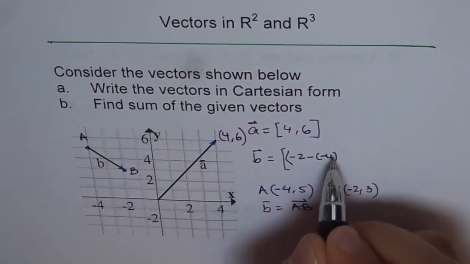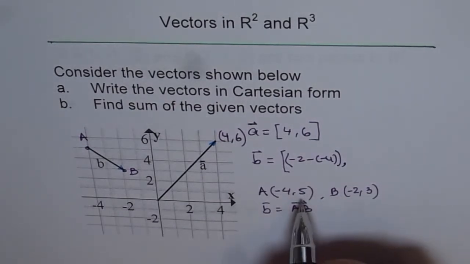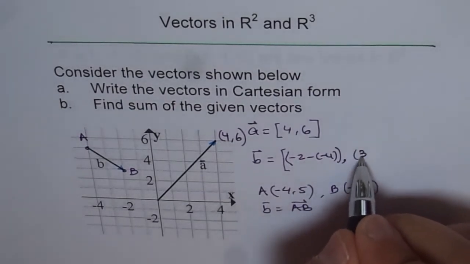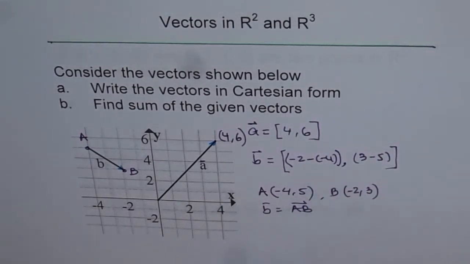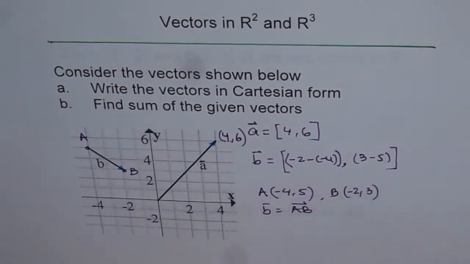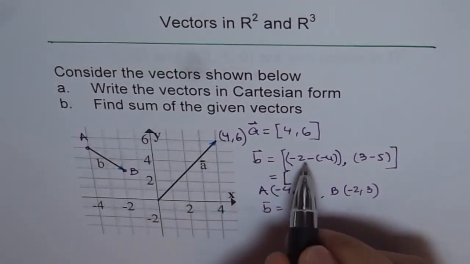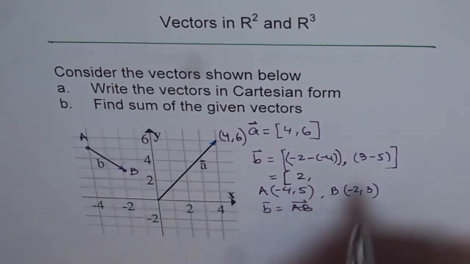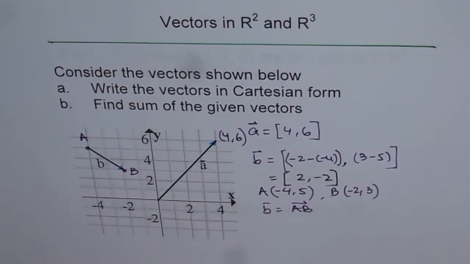That gives you the x coordinate, and for y it is 3 minus 5. These are called the coordinates of vector B. And now you can write this as equal to -2 plus 4 is 2 and 3 minus 5 is -2. So that is how you can specify vector B.